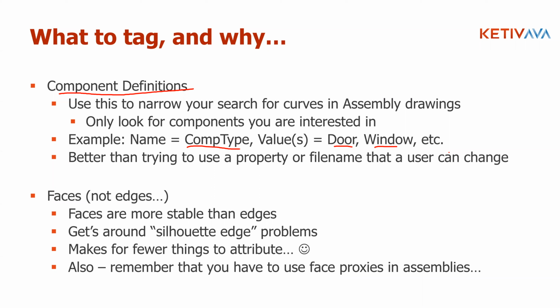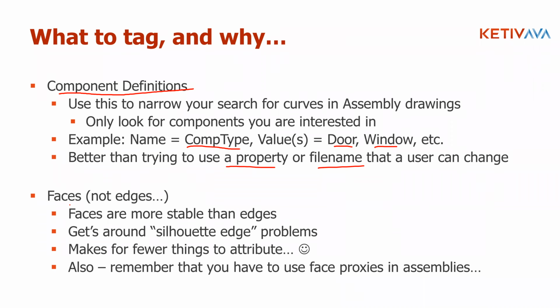So that it narrows down what we're looking at. Once we narrow down all the stuff in an assembly, then we can start looking for specific pieces of geometry within those target components. And again, it's better than trying to use a property or a file name, because users can change those, and if they change those, they can break your automation.